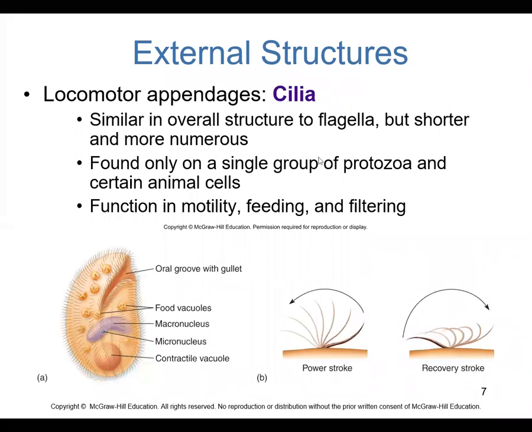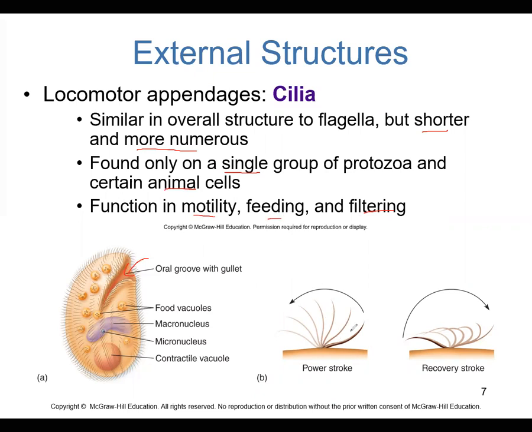Cilia are basically the same, except for the fact that they are a lot shorter, and there's many of these on these. These are in a single group of protozoa and certain animal cells, primarily for motility and filtering. But like over here on this oral groove, the cilia can help get food into it for feeding purposes.